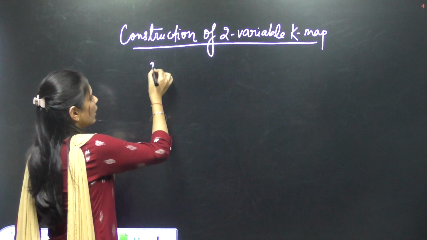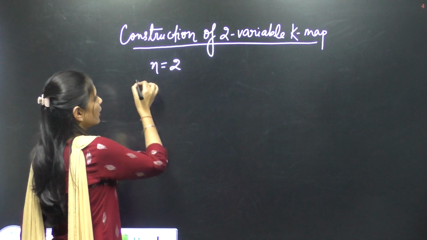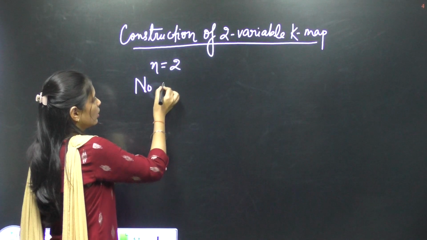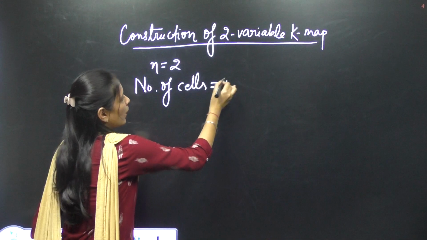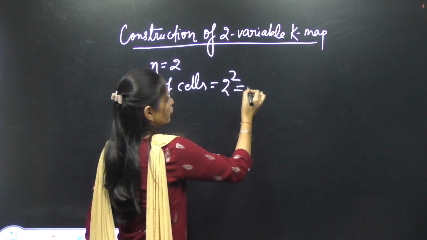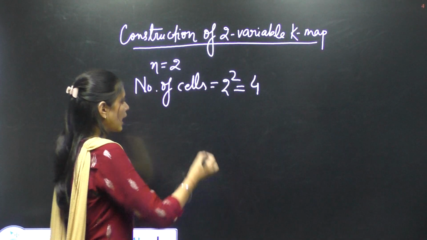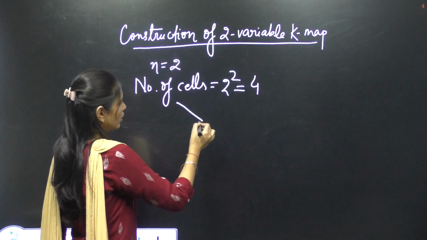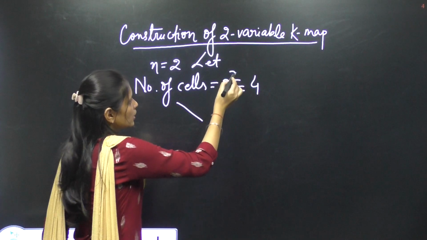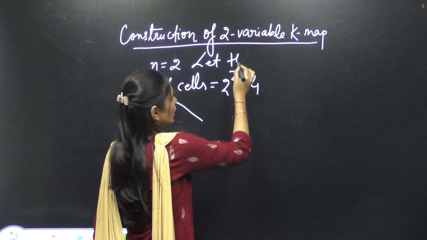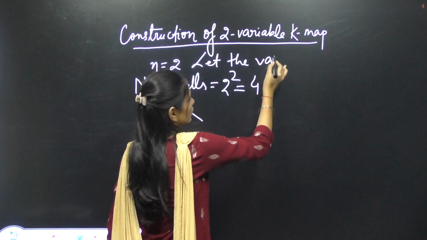So I am having n to be 2 here, so my number of cells will be 2 to the power 2, that is 4. So first I will be drawing, let the variables be A and B.